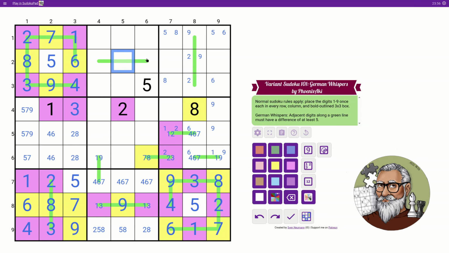And then we would need 1 and 2. So we definitely need a 7 and a 1 here. And it's either 9, 1, 7 in some order, or it's 1, 7, 2 in some order as well.